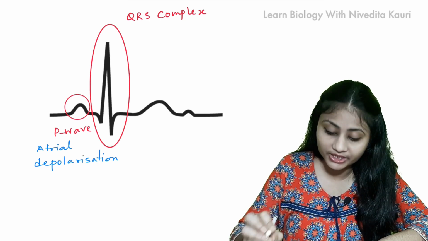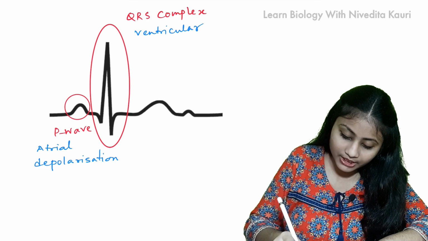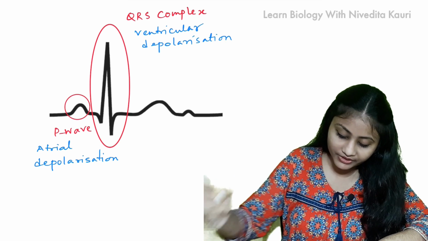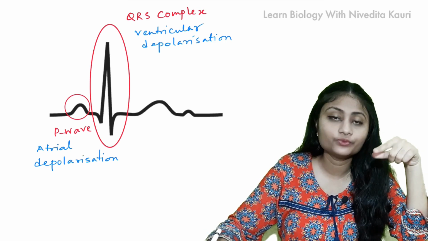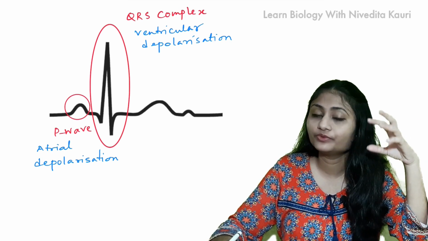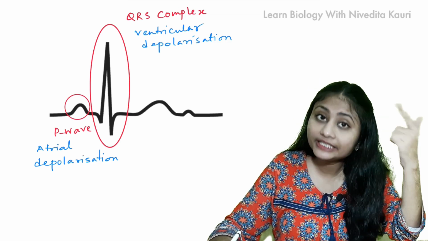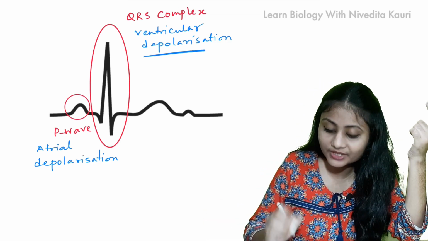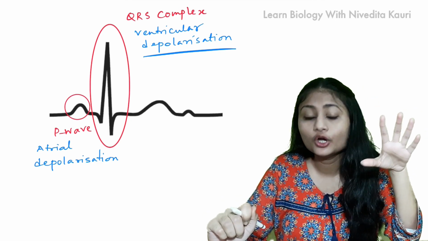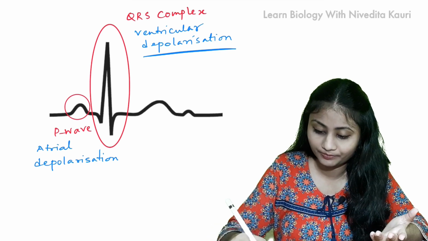QRS complex represents ventricular depolarization. Atrial depolarization will lead to atrial contraction and ventricular depolarization will lead to ventricular contraction. But atrial repolarization merges with ventricular depolarization. That's why we do not get a separate wave for atrial repolarization.